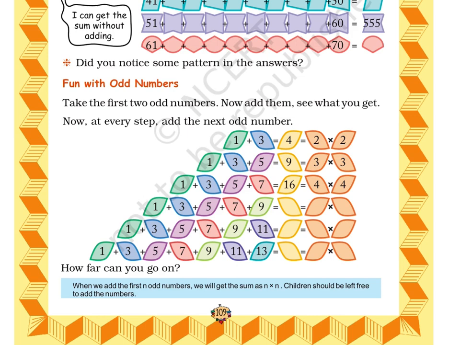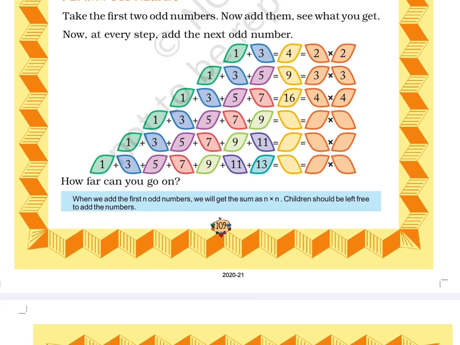How far can you go on? For the teacher: when we add the first n odd numbers, we will get the sum as n multiplied by n. Children should be left free to add the numbers.